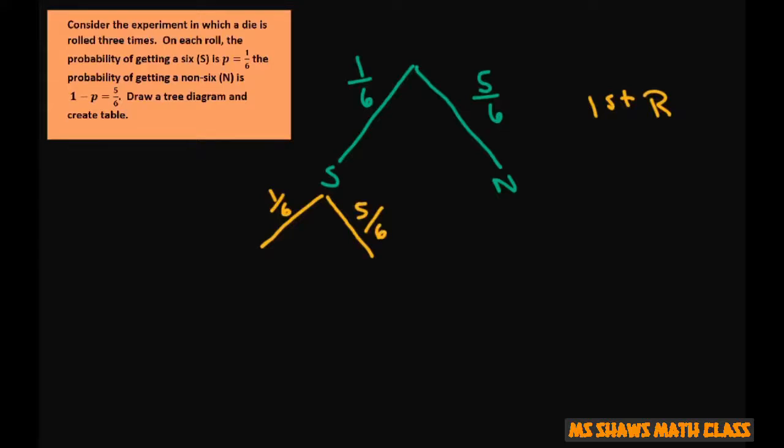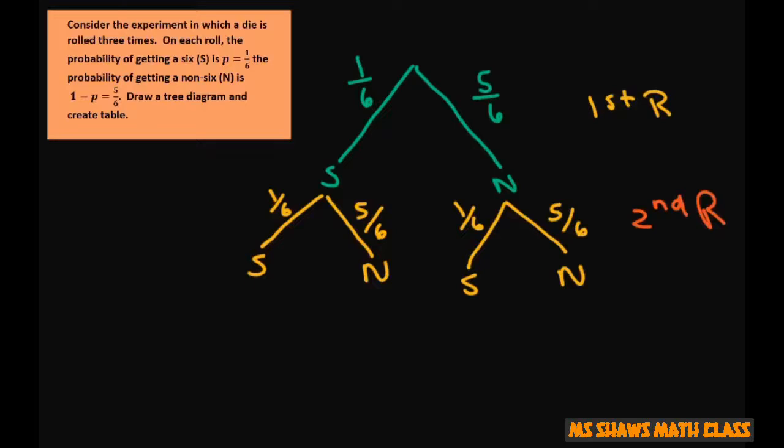So this would be if you get a 6 again, or if you get a non-6, you get a 1/6 the first time and a 5/6 the second time. And same thing for this one. So it's going to be 1/6, 5/6. So this is a 6 and a non-6. And then the third, so this is the second roll.